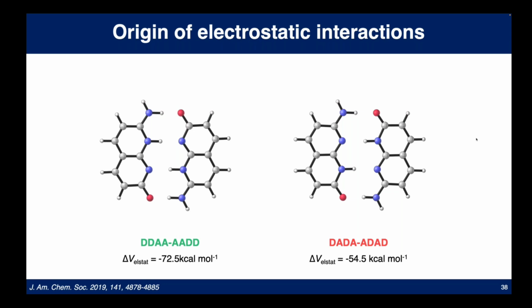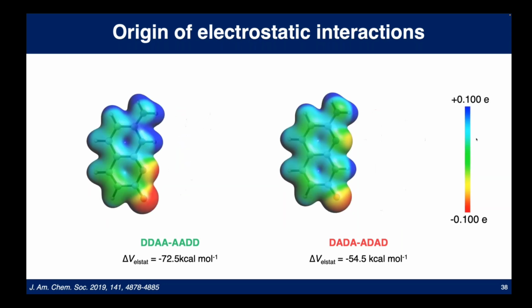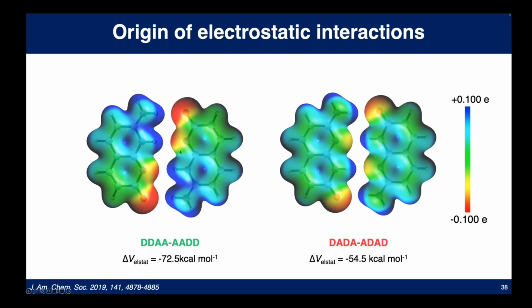If we look at the electrostatic interactions, here I have a plot. You see that the DDAA has more negative charge on this side and more positive charge on that side. The DADA is, however, more uniform. So there will be a larger electrostatic interaction when DDAA pairs than when DADA pairs.